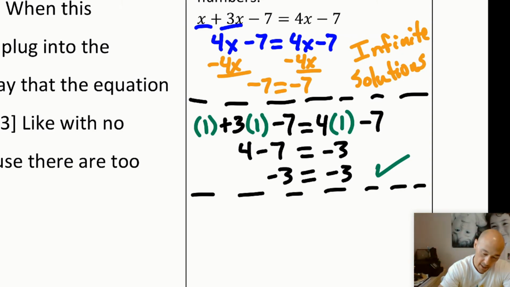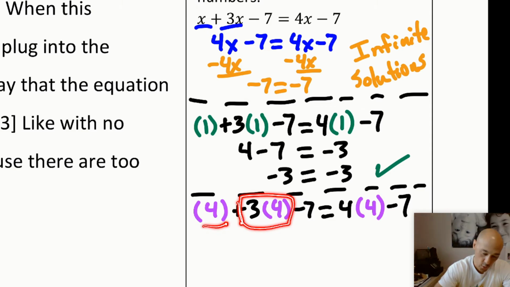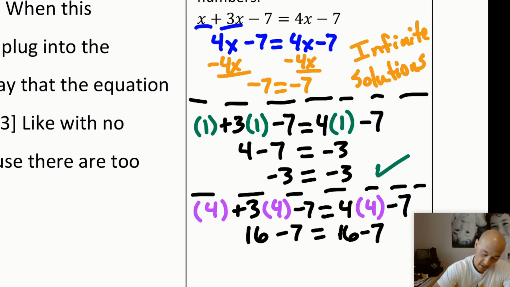Next, we'll try 4. So we have 4 plus 3 times 4 minus 7 is equal to 4 times 4 minus 7. 3 times 4 is 12, so I'm going to put 16 minus 7 is equal to 4 times 4 is 16, minus 7.